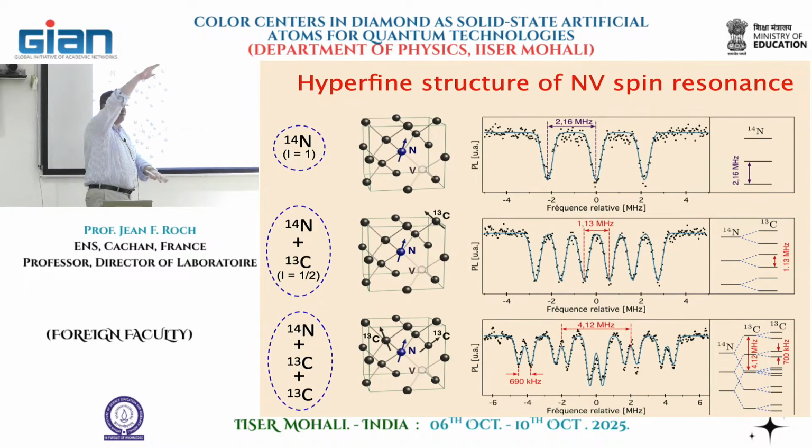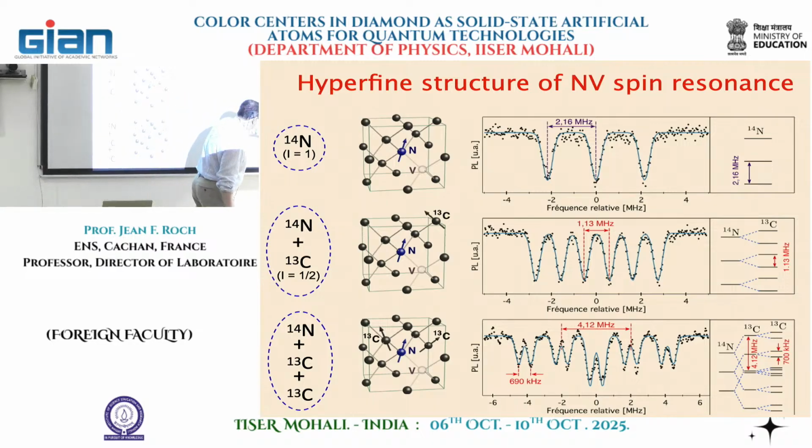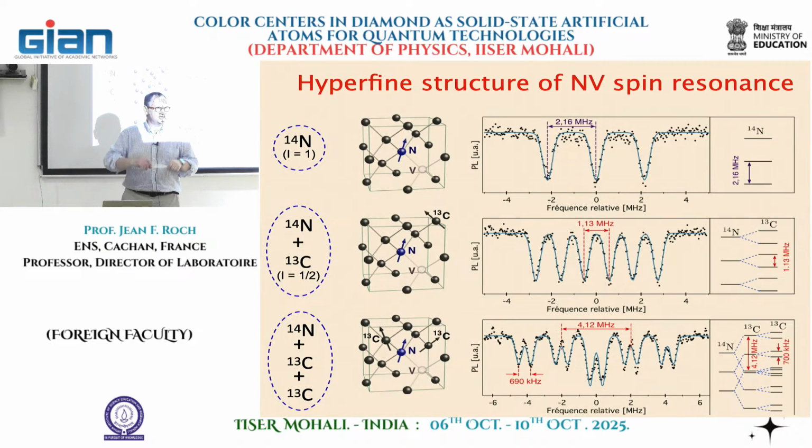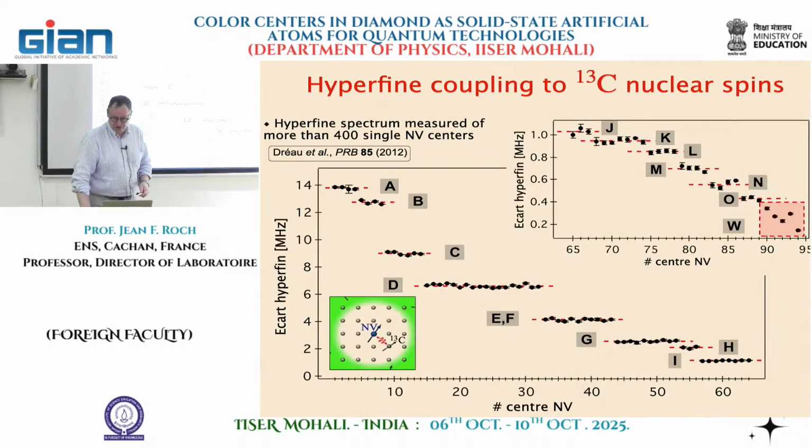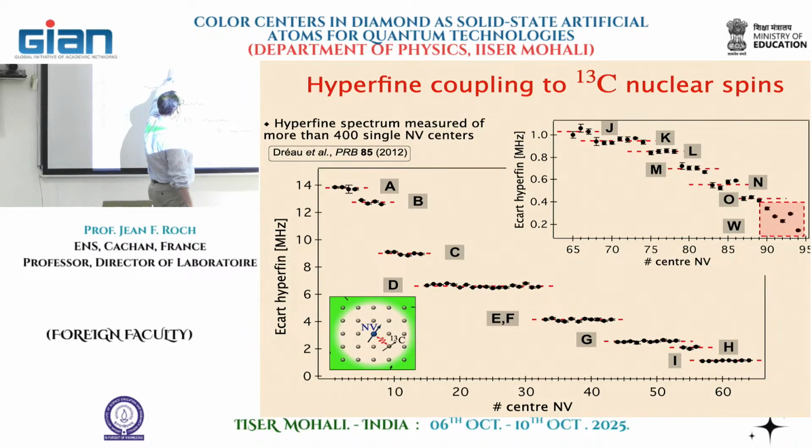By adding that, we have this complex structure that you see. Here now we have a separation of 4 megahertz, etc., and you can sort out the different structures. That was really a beautiful work she did. And after that, up to a point where the hyperfine coupling becomes too small, and then you cannot distinguish anymore.